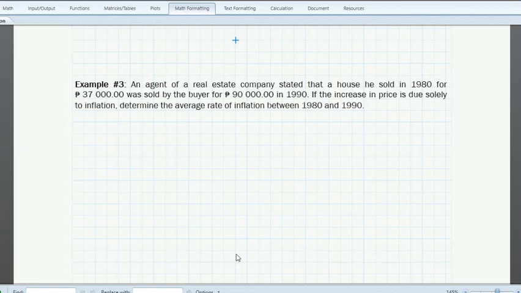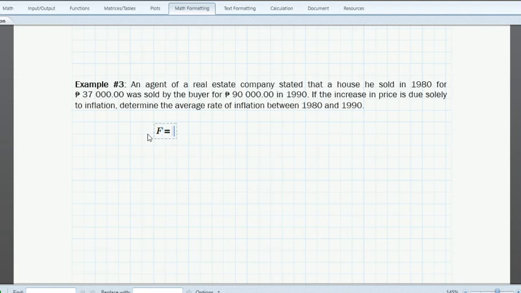So we have here, ano ba yung mga given sa atin? Is it a single payment or a series of payment? Isang beses lang naman, so single payment. So we are going to use the compound interest.